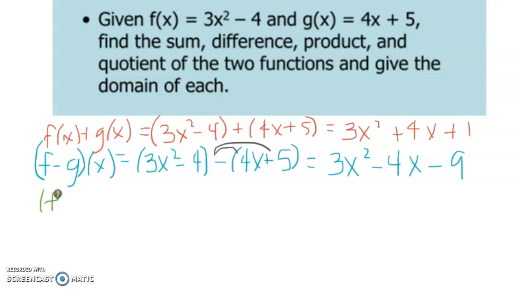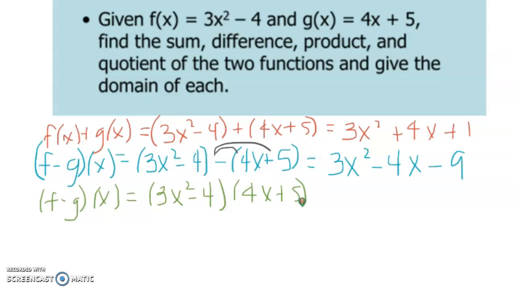Next is my product, so f times g of x. So you're taking your 3x squared minus 4, you're multiplying it by your 4x plus 5. You are foiling or distributing, like double distributing, whatever you want to call it. So far I have 12x cubed plus 15x squared minus 16x and then minus 20.